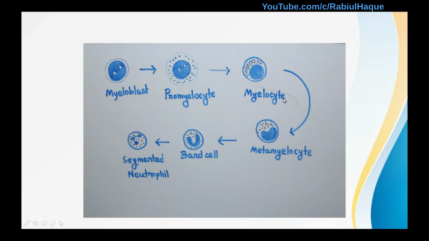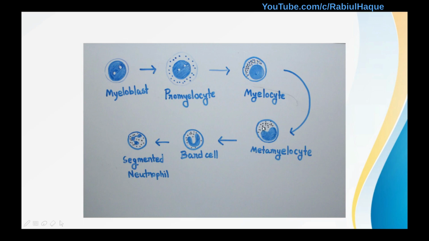Moving on to myelocyte, how can we identify myelocyte? Myelocyte is characterized by appearance of secondary or specific granules, and they will also have a round to oval eccentrically placed nucleus. Moving on to metamyelocyte, how can we identify metamyelocyte?